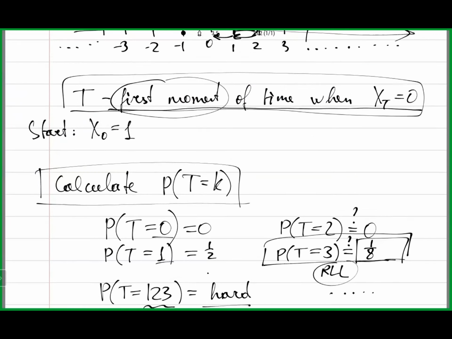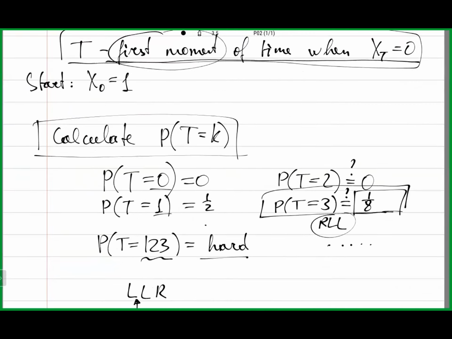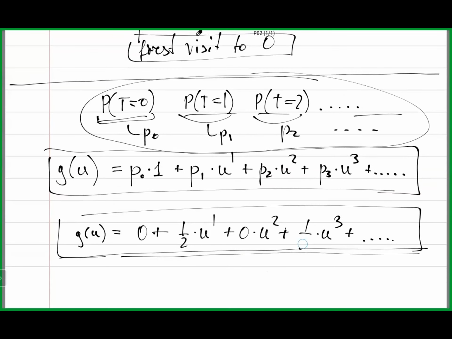To get from 1 to 0 in 3 moves, with probability 1 over 8 you go right, left, left, and hence you arrive from 1 to 0 in exactly 3 steps.